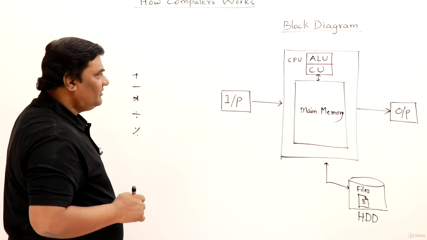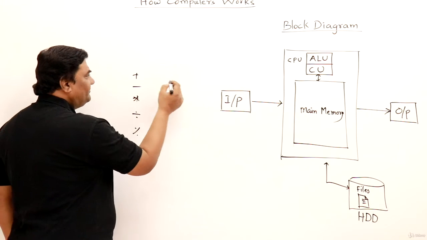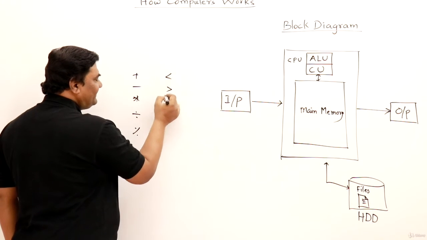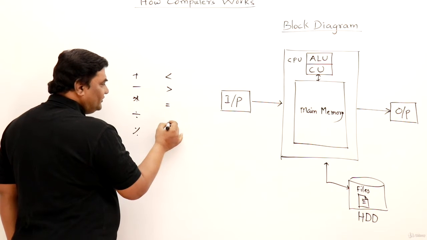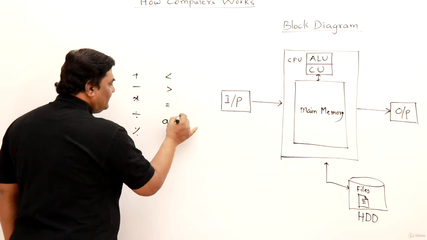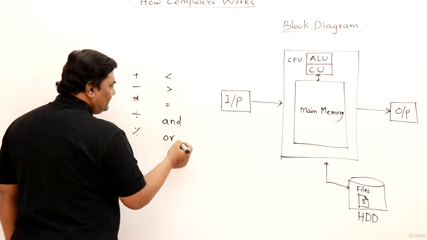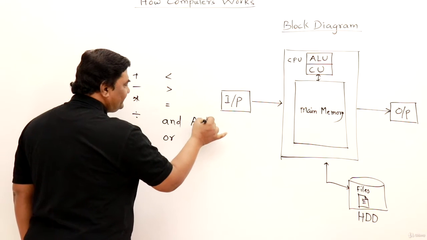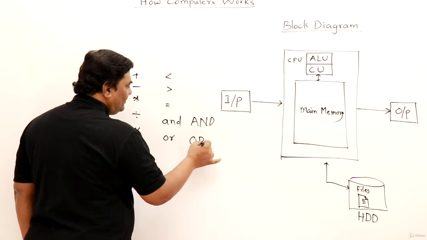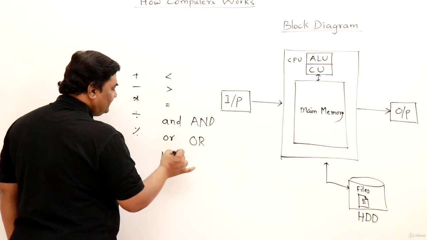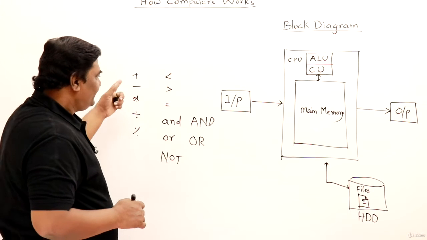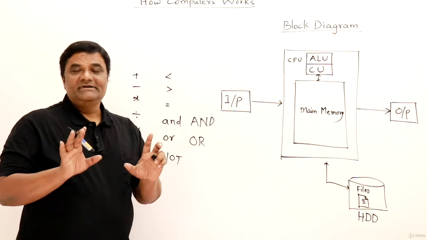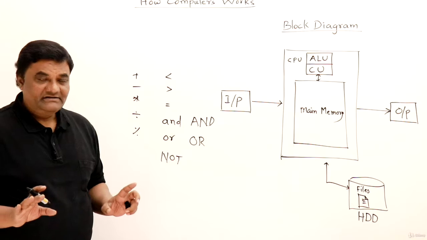Under logical operations, it can compare two numbers, less than, greater than, or equal to, and also perform logical operations AND, OR, as well as NOT. So it can perform just these basic operations, right?